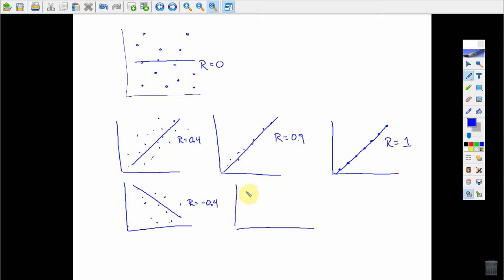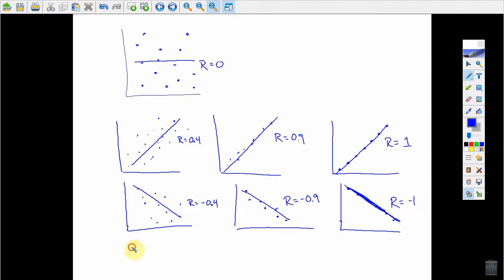And if they're going in the other direction, you get a negative R value. Oop, that's not a perfect correlation because the dots don't touch the line. I am doing this by hand. So we're going to pretend all of those dots perfectly touch the line.